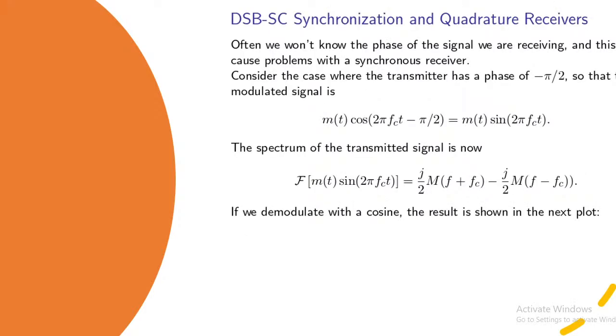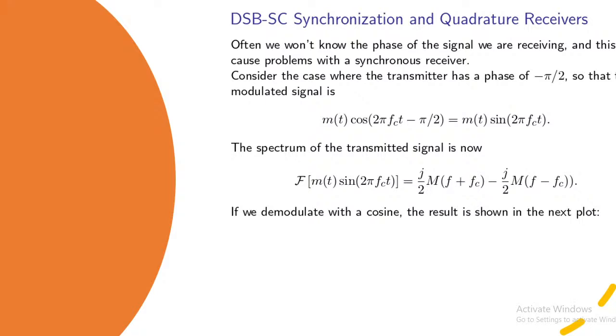Now let us see how to synchronize this detection. Suppose the transmitter has a phase of minus pi by 2, so that the modulated signal is m(t) cos(omega ct minus pi by 2), which you can write as m(t) sine omega ct.